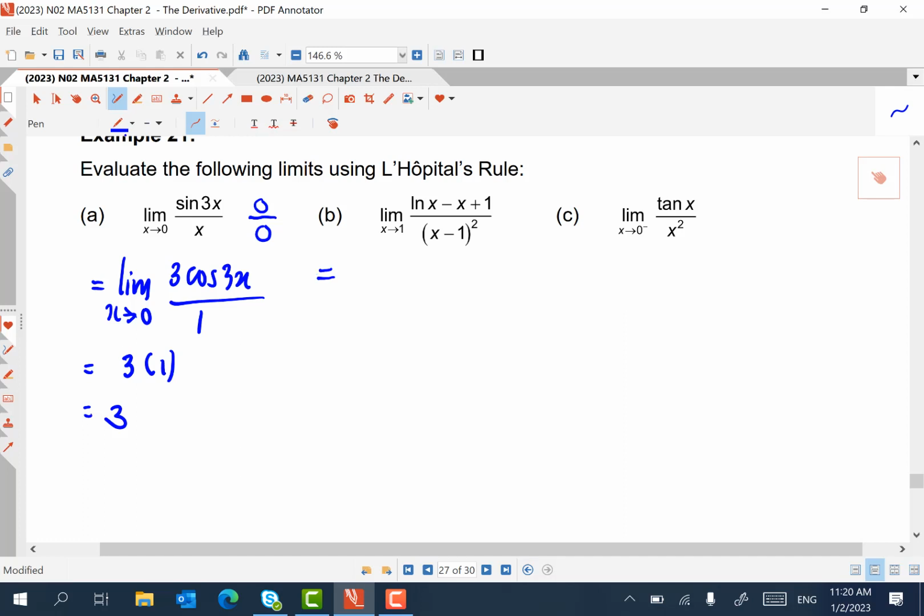Once again, you see the indeterminate form here, and therefore you can apply the L'Hopital rule again.